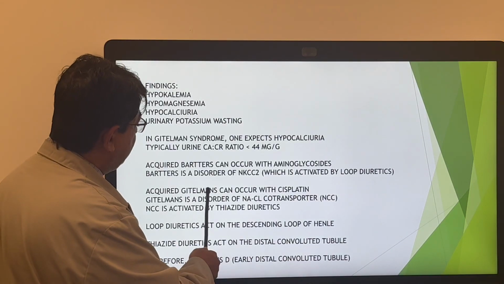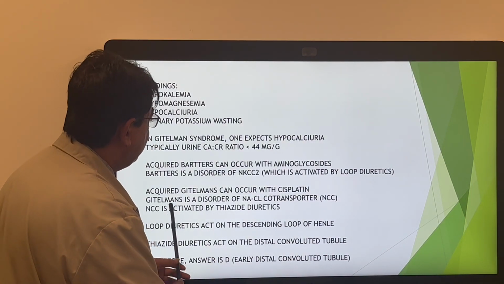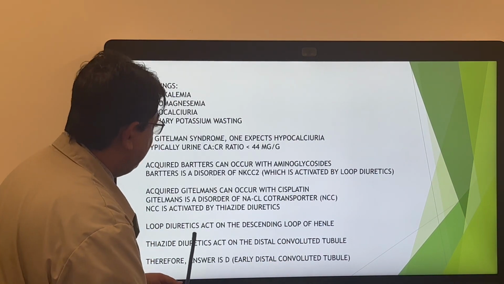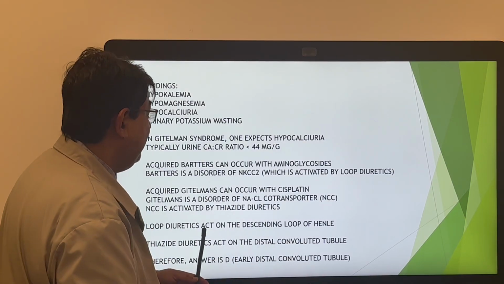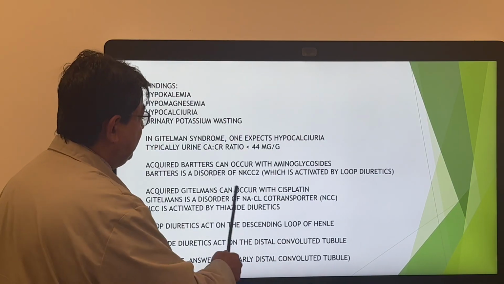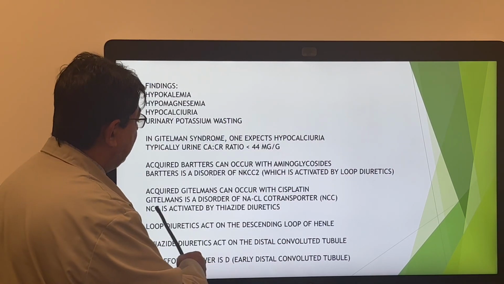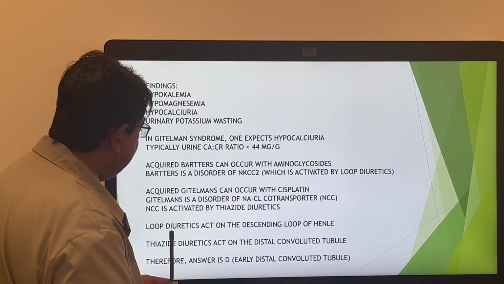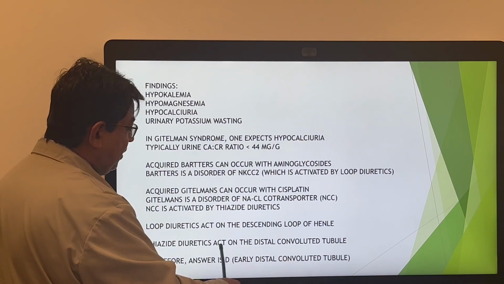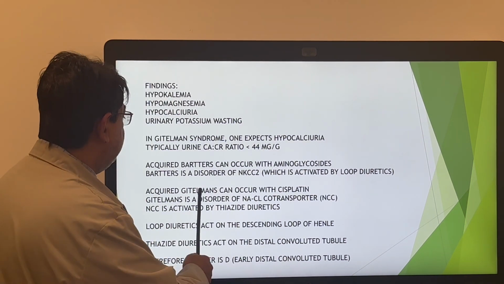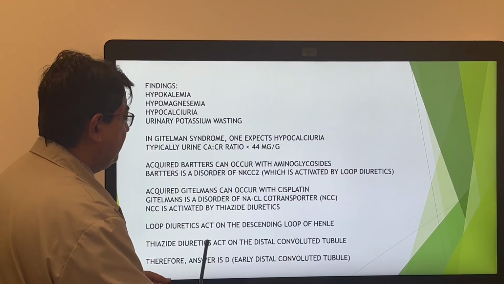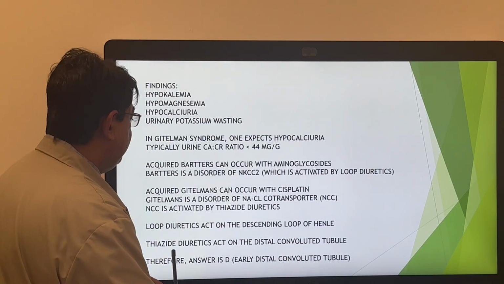So acquired Gitelman's is actually also a disorder of the NCC, except the disorder of the NCC is not inherited. It's caused by cisplatin. And as you know, NCC is inhibited by thiazides, and thiazide diuretics act on the distal convoluted tubule. So Gitelman's would be a problem of the distal convoluted tubule. So the answer would be D.